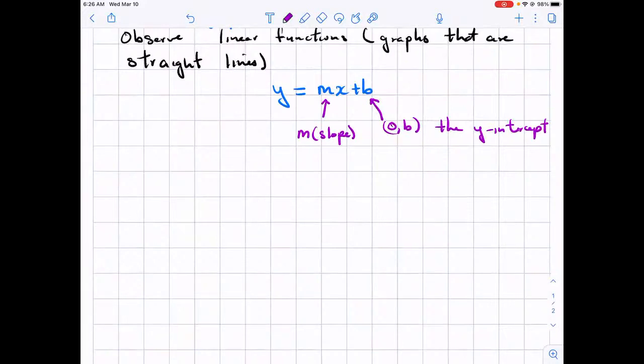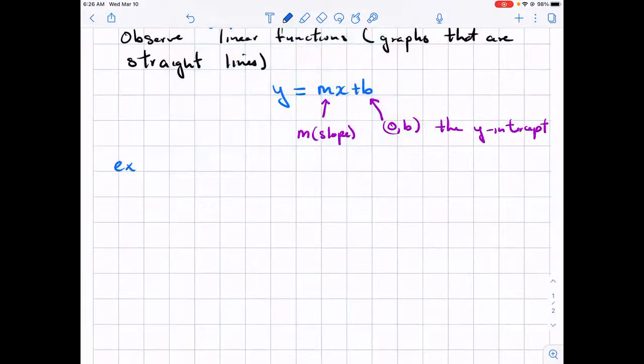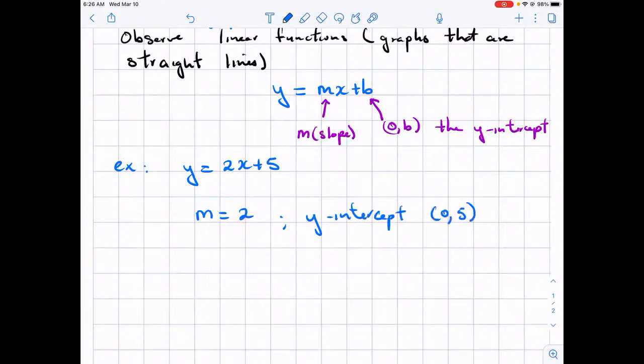So, for example, y equals 2x plus 5. In this case, m is equal to 2, and the y-intercept is the point (0, 5). Okay, the y-intercept is (0, 5).